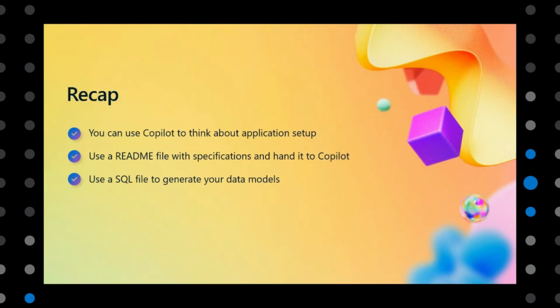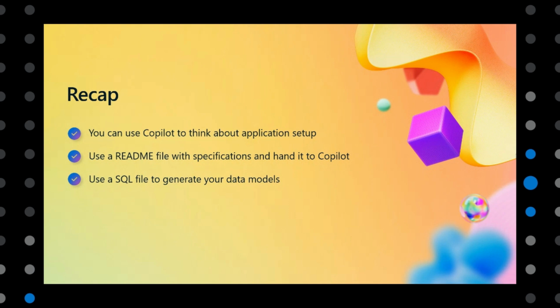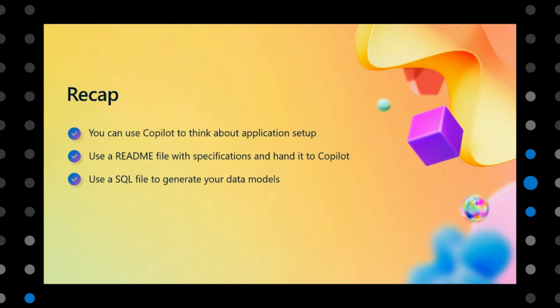So to recap, what we did was we used GitHub Copilot to think about application setup, how the structure works, and even understand the architecture, all of that. Then we used a file variable for the README to understand the specifications and give it to GitHub Copilot to generate some specifications.